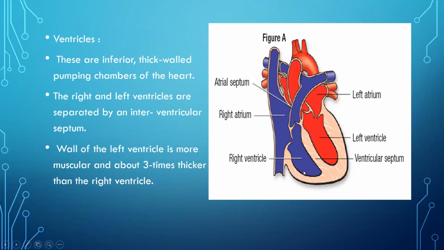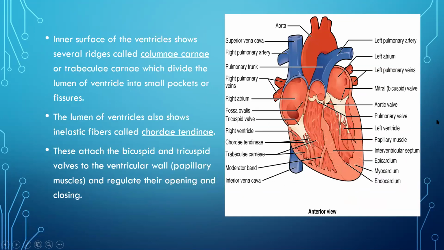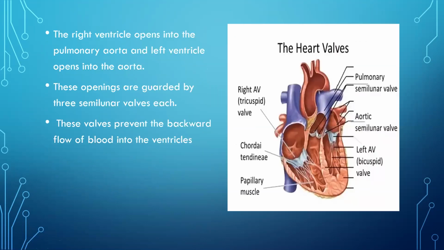Here somewhere is trabeculae carneae and chordae tendineae. They remain attached to the bicuspid and tricuspid valve. Next, you can see they are attached. These are chordae tendineae as well as papillary muscles. They remain attached to the bicuspid valve, and over here this is the tricuspid valve.